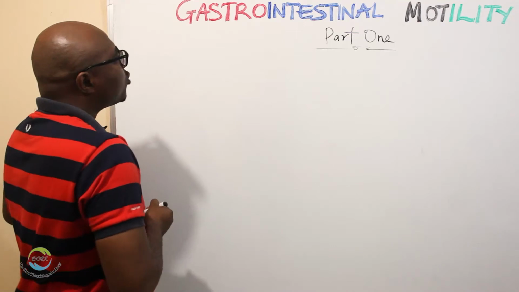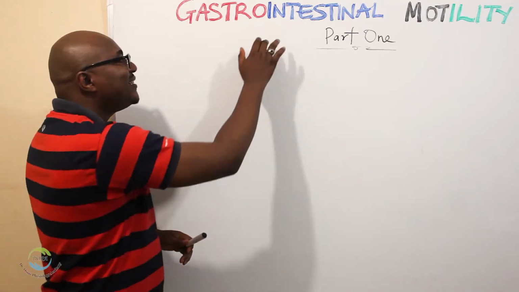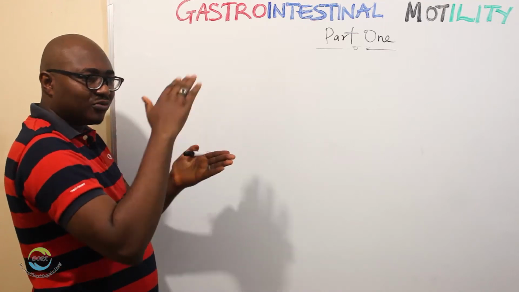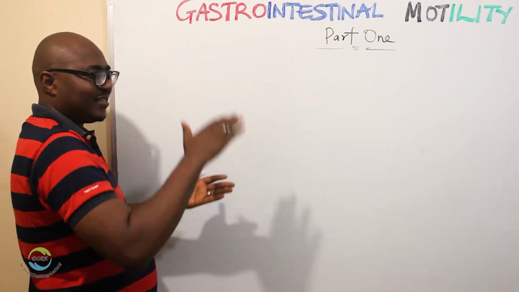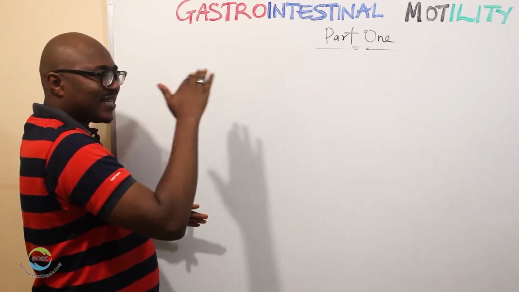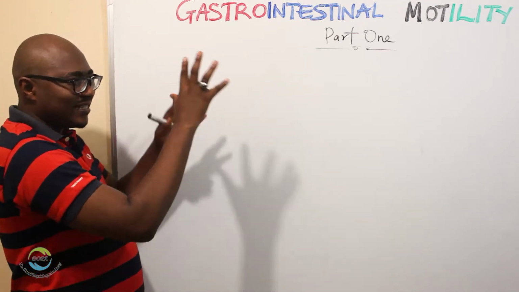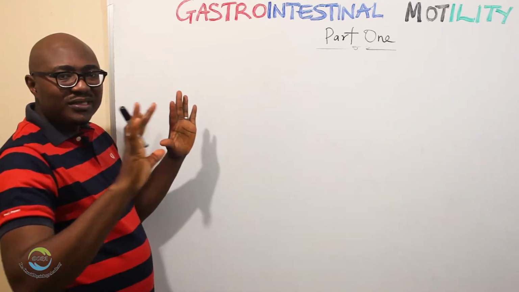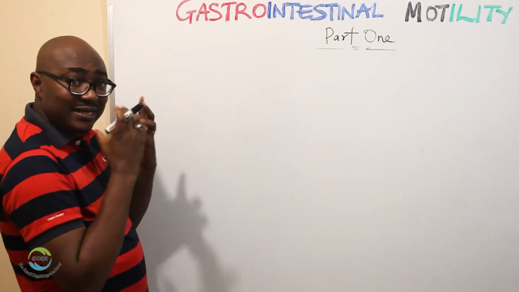All right? So motility, we are going to be dealing with the motility of every part, every segment. We said that the GIT has compartments separated by sphincters. So that's how we're taking every part of it in the different functions. Okay? So we'll start with motility of the mouth.